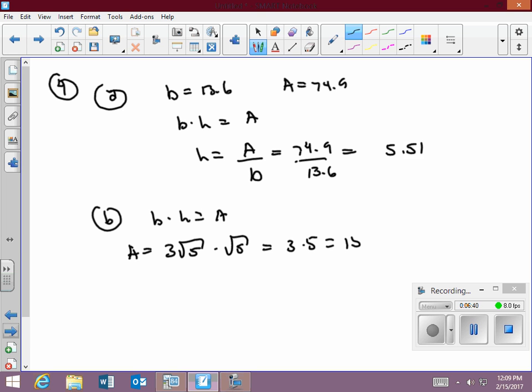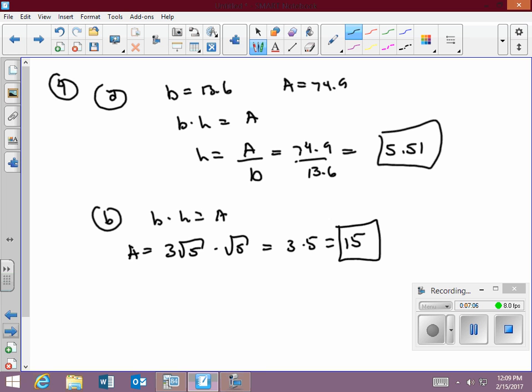That's 15. So 15 is the area. Now 6 is a problem where you have to measure stuff, and I'm not going to do problems like that.